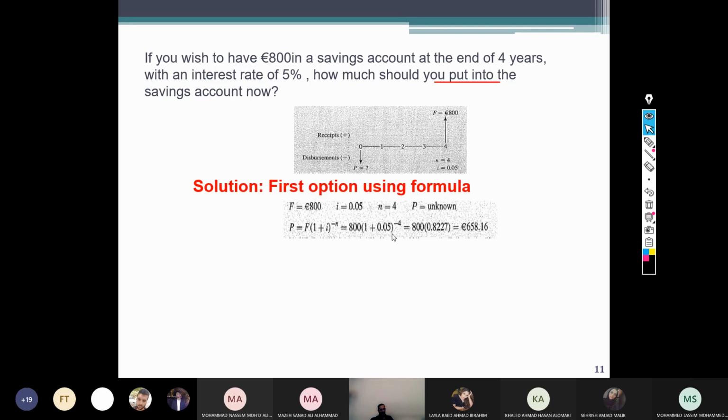And as you can see, I got (1.05) to the power of minus 4, which is 658. So if you deduct today, you tell management to deduct 658, surely the management will give you 800 after 4 years to purchase your upgrade.